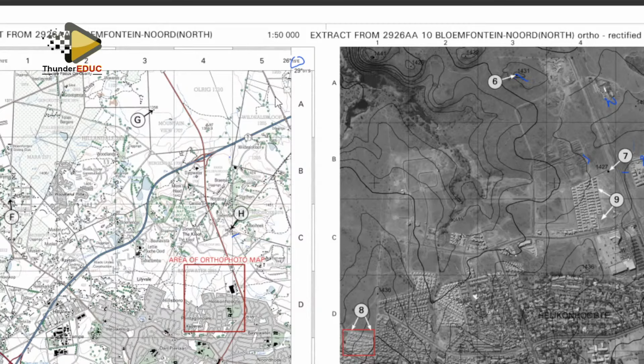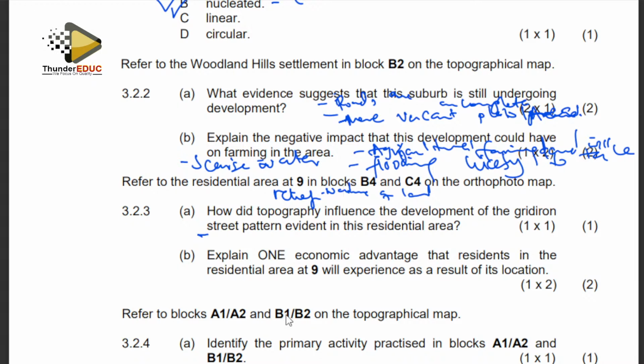Therefore, we agreed last time in the previous question paper that if the area is flat or gentle, it influences the construction of the grid street pattern. You remember that? So here we are going to say, because it is flat, therefore it is easy to construct those grid street patterns.